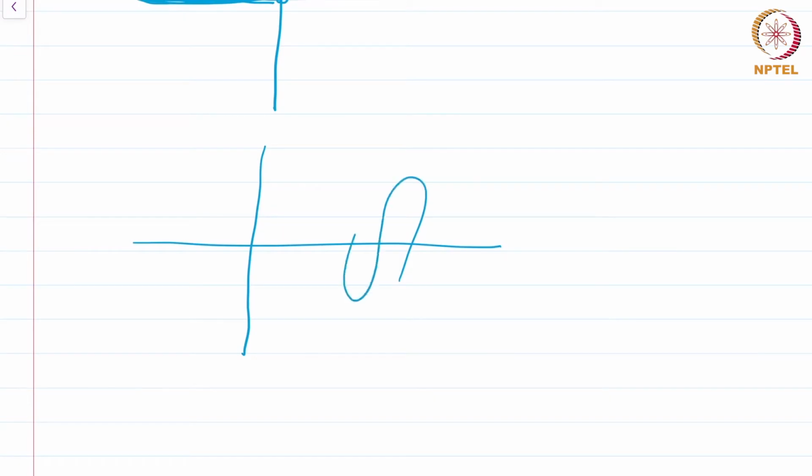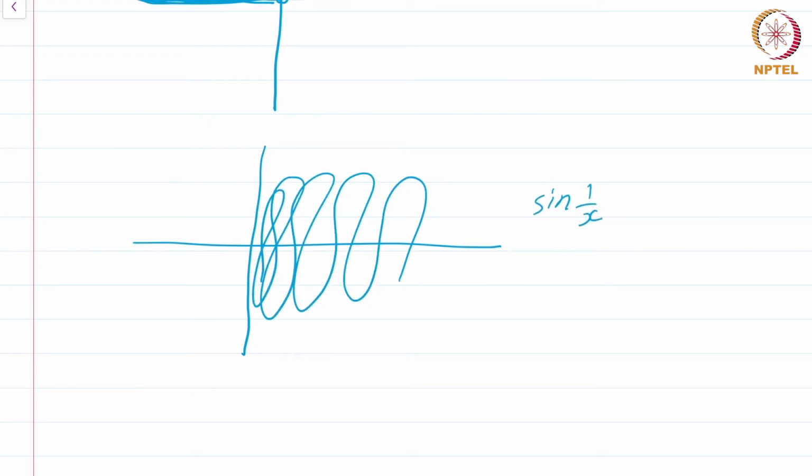Okay. And for the third example of an essential discontinuity, we have the very famous example, which is my greatest enemy to showcase my poor drawing skills. It's this function. Take sine(1/x). Of course, I have to draw it for the negative. I'm not going to embarrass myself twice, so I'm not even drawing it on the negative x-axis.